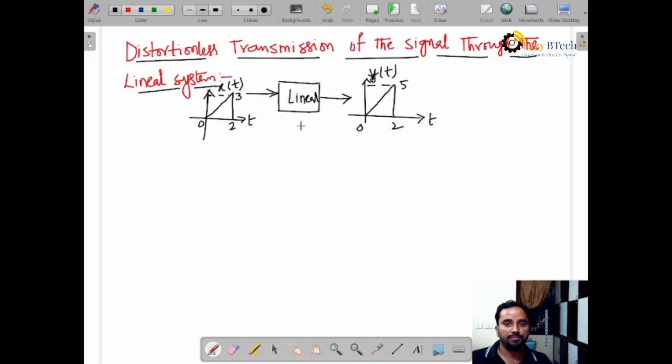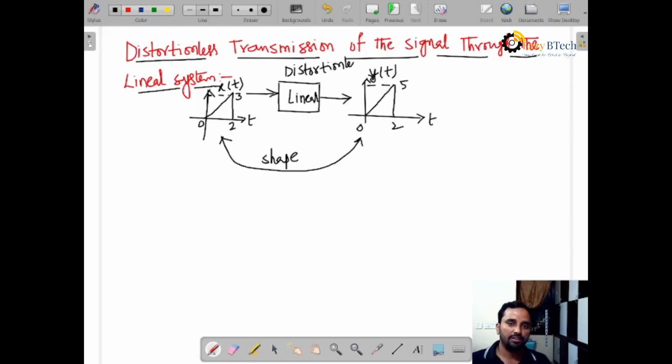If you compare the shape of the input signal and output signal, there is no shape change, output is exactly the same as input. Then this is called distortionless transmission. Here the amplitude is increased to 5, but that is not considered as distortion. A constant increase in amplitude is not taken as distortion, right?